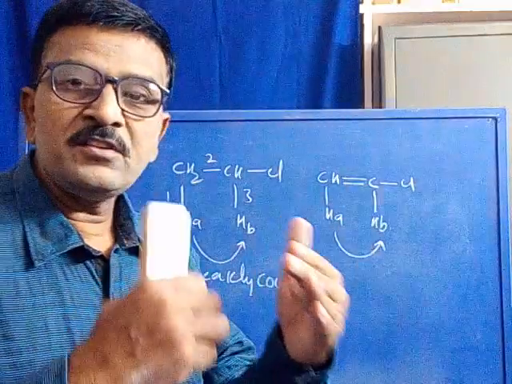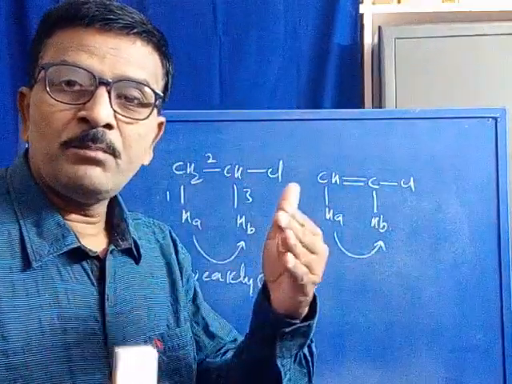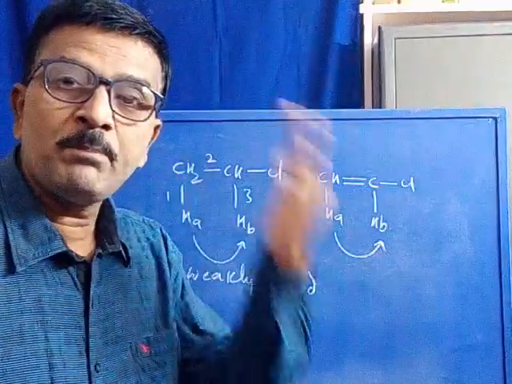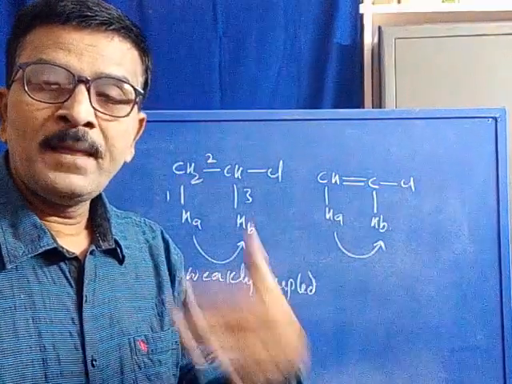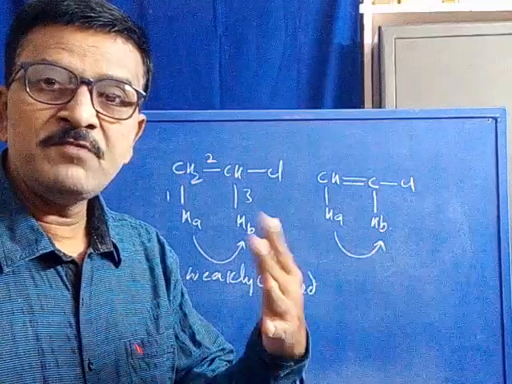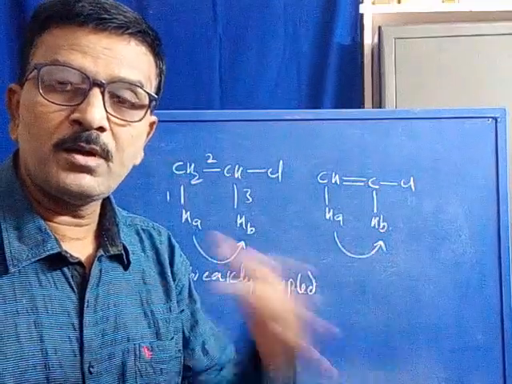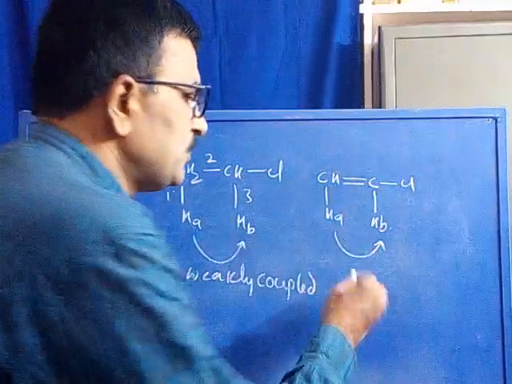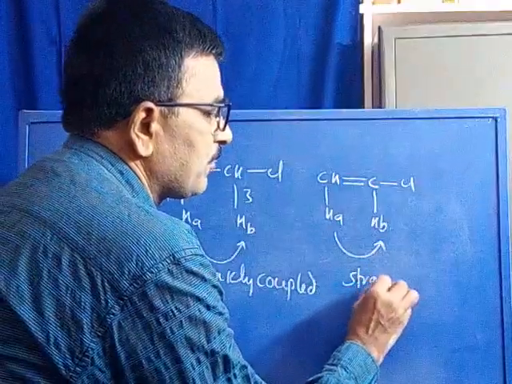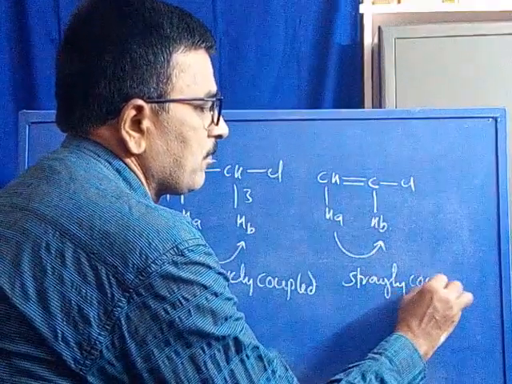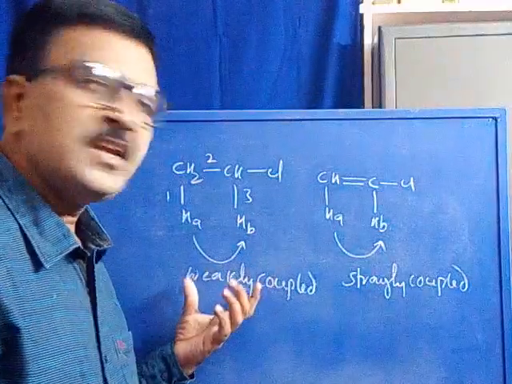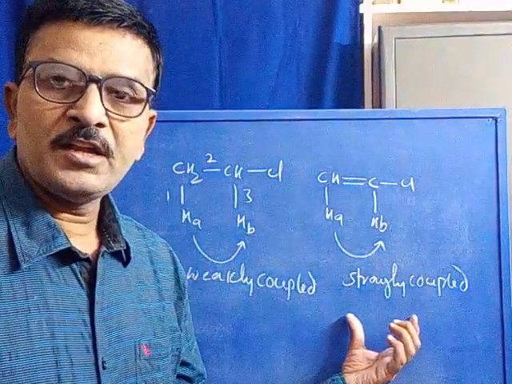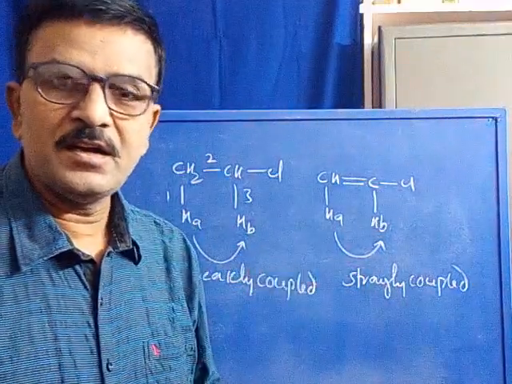So the spin is transmitted from one proton to the other through a pi electron, which is loosely held, hence it easily carries the spin from one proton to the other, hence strongly coupled. Strongly coupled system, weakly coupled system, strongly coupled system. So this is the second condition.